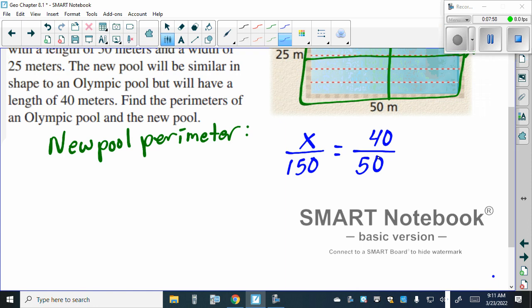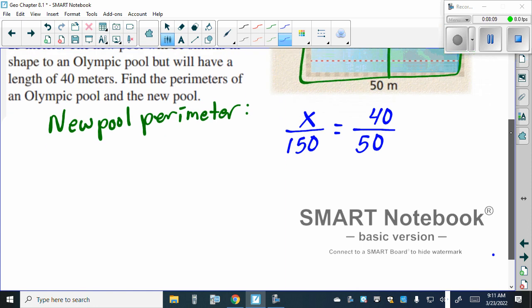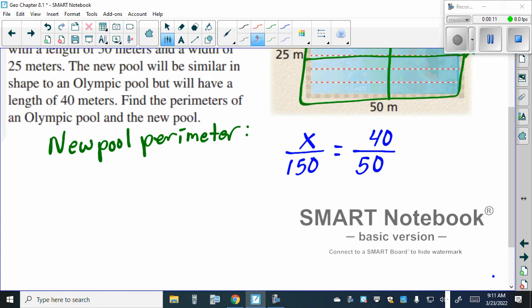Guys, the proportion for the perimeters is going to be the same as the proportion of our lengths. Well, what do we need to do? Multiply both sides by 150.